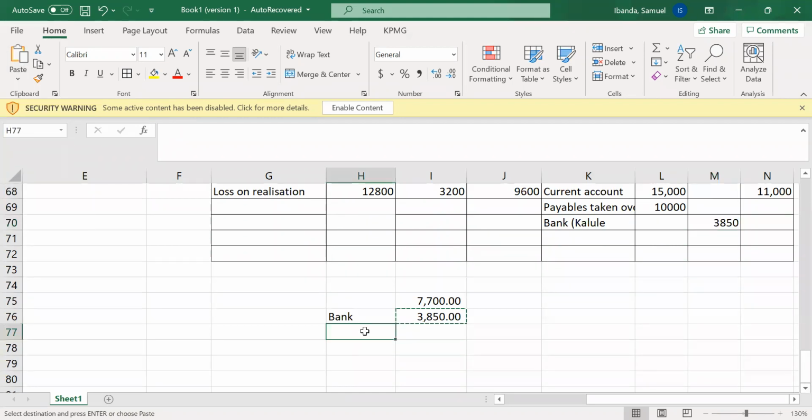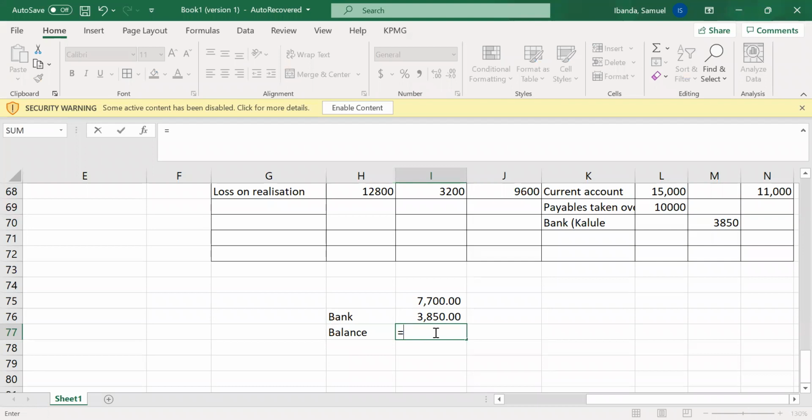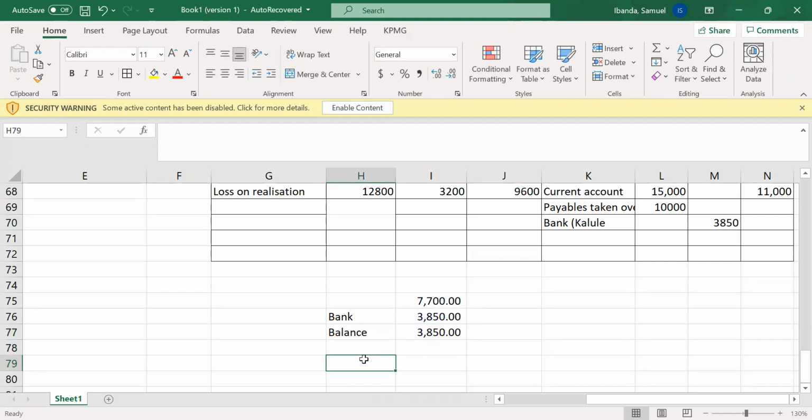Now, the balance, which is the deficiency that is to be settled by other partners, is the same value, the other 50%. And the rule tells us that this is shared based on their profit sharing ratio at the time of the balance sheet date. Now, yours is to ask yourself, at the time of the balance sheet date, what was the profit sharing ratio?